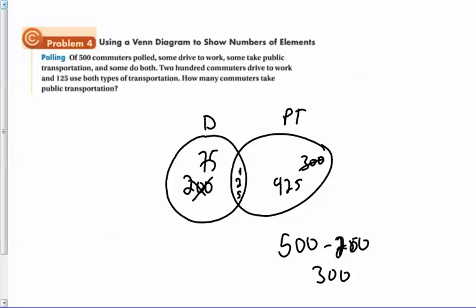Now, how does this make sense? If I take the 425 people, hold on, I goofed something up. So let's see, the number of commuters who only drive is 75 because the whole thing is 200. So there's 300 left. Oh yeah, okay, so what's 300 minus 125?